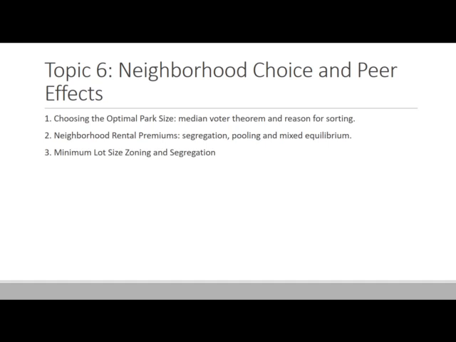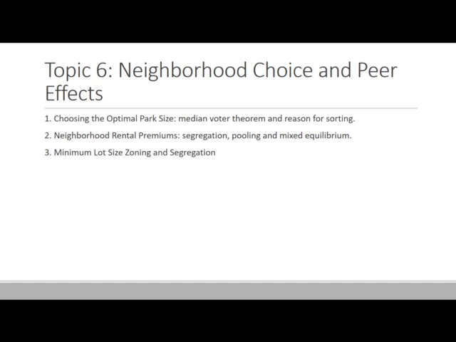And after that, we also studied minimum lot size zoning and segregation. In this part, the key idea is that sometimes policies with good purpose may not lead to good results. Namely, if there's no zoning law or no minimum lot size zoning, then poor people can always try to enter a rich neighborhood by living in a relatively smaller place in the rich neighborhood.